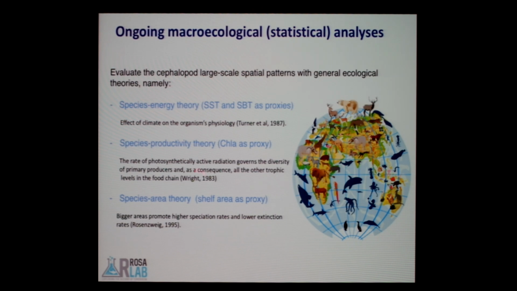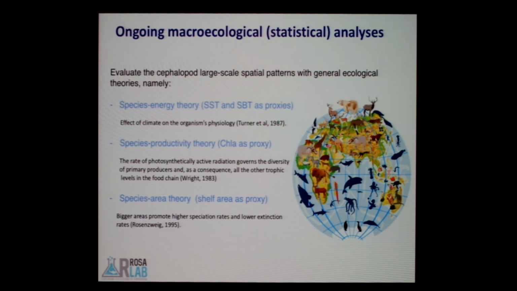The other theory is the productivity theory, and here we are going to use chlorophyll A, because this theory argues that the rate of photosynthesis or active radiation governs the diversity of primary producers, and then all the other trophic levels in the food chain. We are also going to test the theory that says that bigger areas promote higher speciation rates and lower extinction rates.